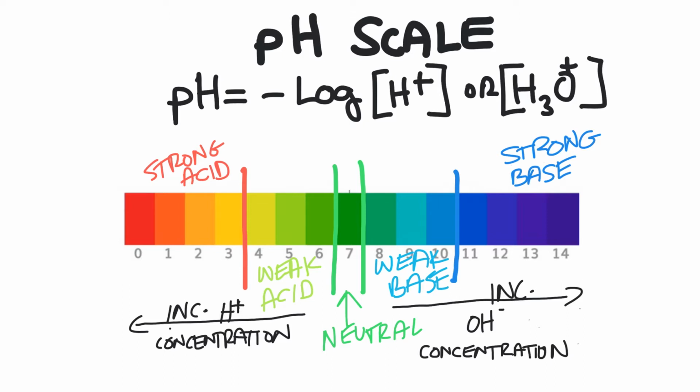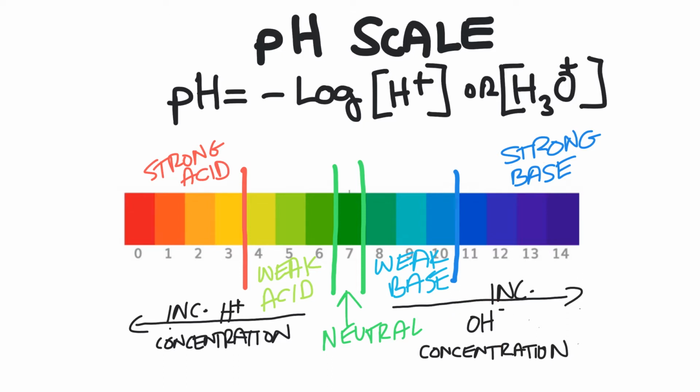Okay, so when we say a strong acid, the pH values would be 0, 1, 2, or 3. It means that we have a lot of the H plus ion and very, very little of the OH ion in solution. Weak acid means that we still have a lot of this, and there is some of this, but not nearly as much as this. Neutral means that we have an equal concentration of this and this, so they balance each other out. A weak base means that we have some of this, but a lot more of this.